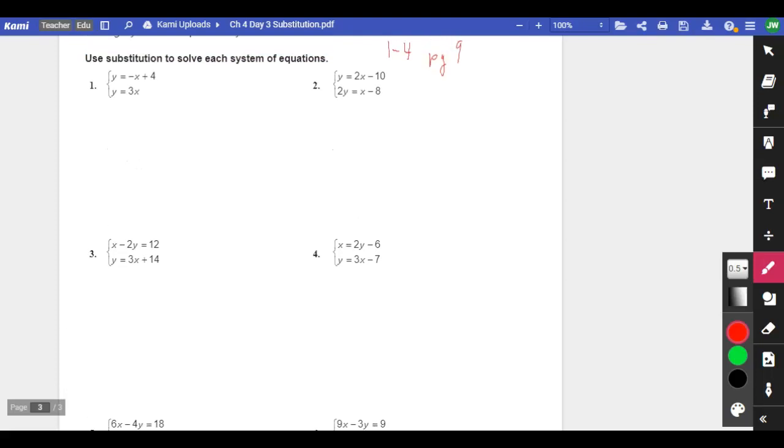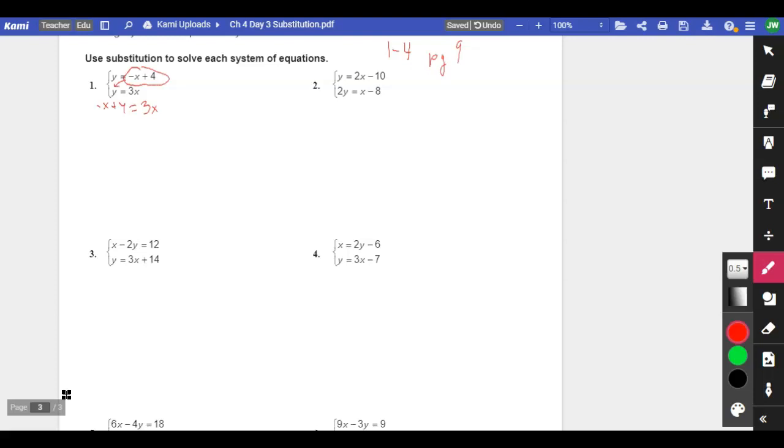But all these other ones, you'll notice though, like this one here, I'll give you a hint. The substitution is right here. So you end up with negative x plus 4 equals 3x. And then you need to make sure that you move a variable to one side and solve it.